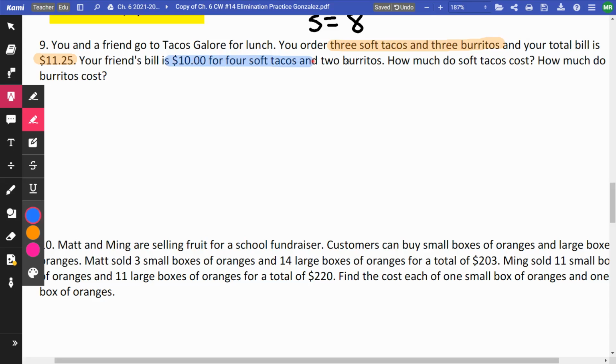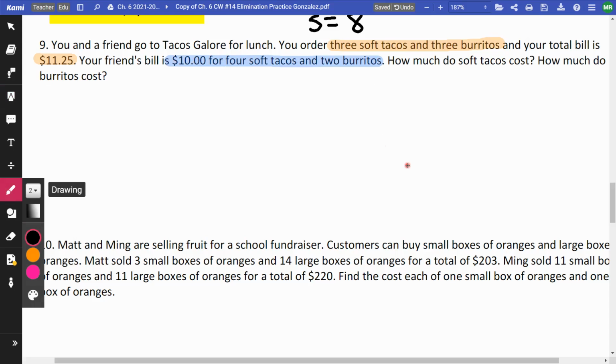$10 for 4 soft tacos and 2 burritos. Okay. Now, when I define my variables, I want them to equal the cost of soft tacos and the cost of burritos.